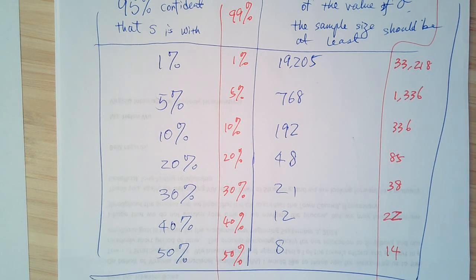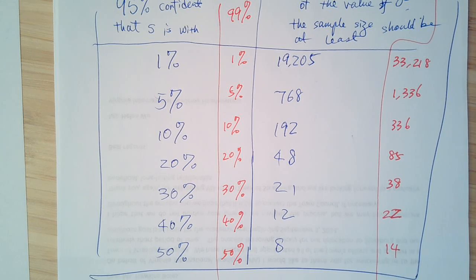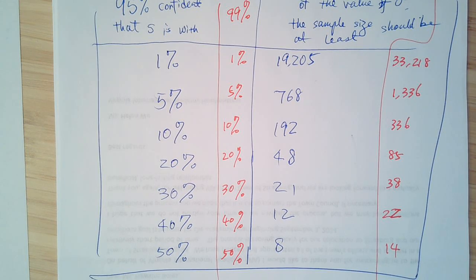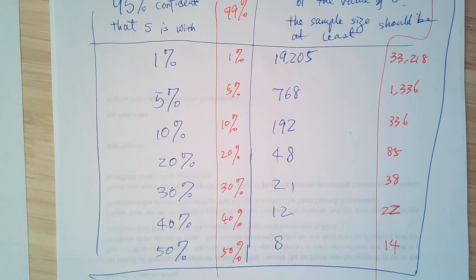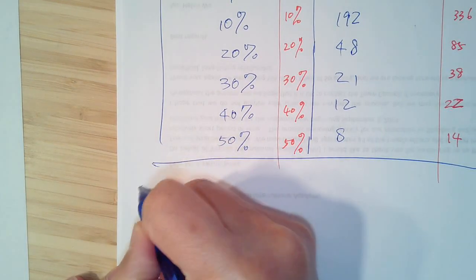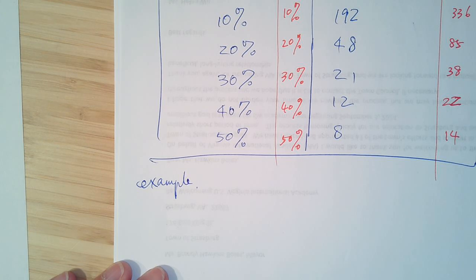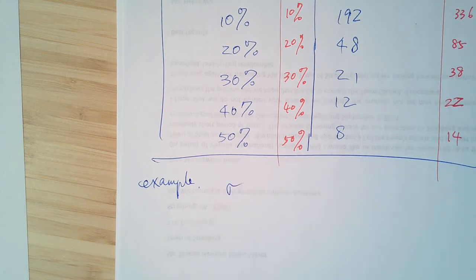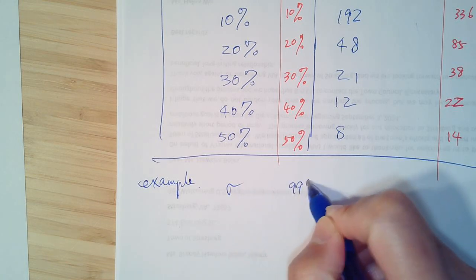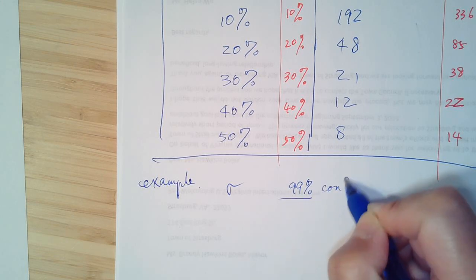And then next, I think that's the last one. We're going to do just one quick example here, basically just to show you how to use this table. We want to estimate the standard deviation sigma. Of all pulse rates of adult women, we want to be 99% confident. That's your confidence level.